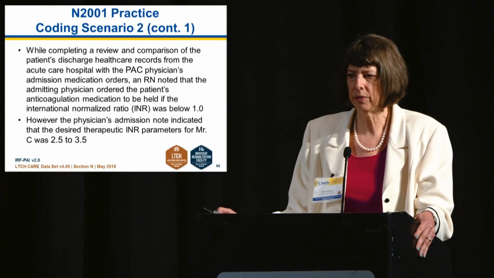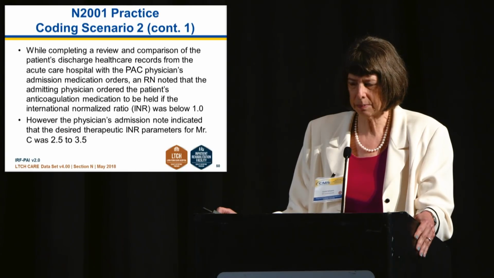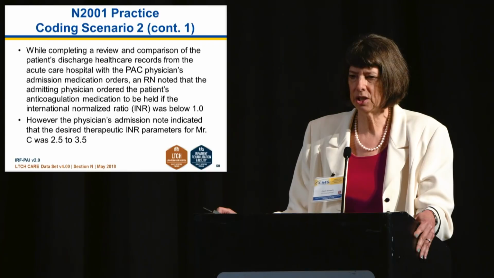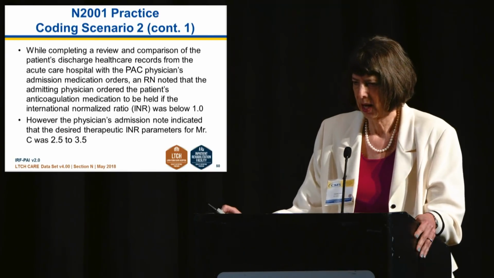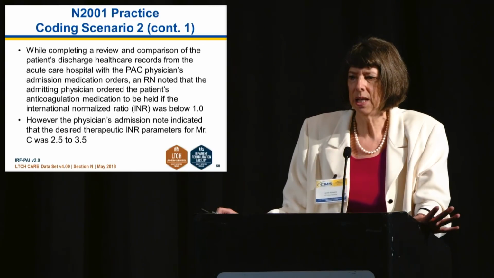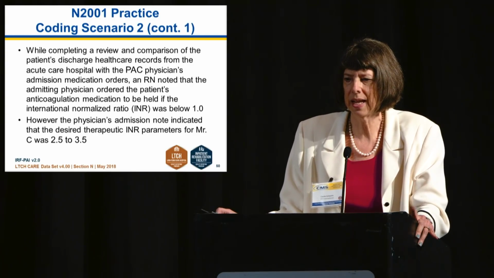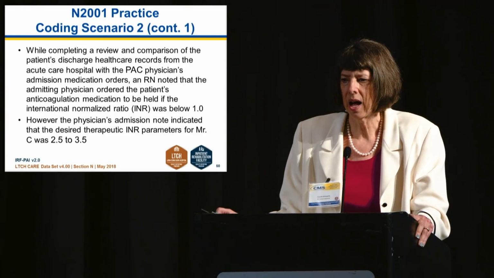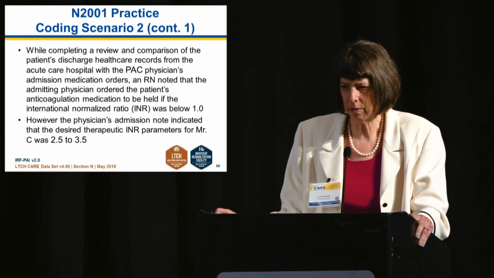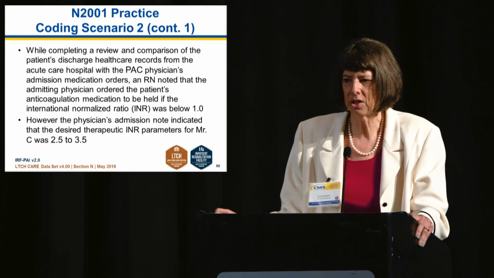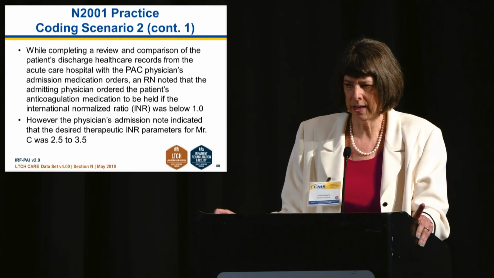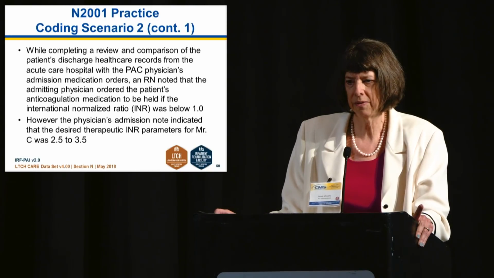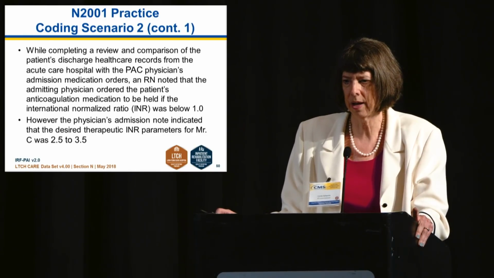While completing a review and comparison of the patient's discharge healthcare records from the acute care hospital with the PAC physician's admission medication orders, an RN noted that the admitting physician ordered the patient's anticoagulation medication to be held if the INR was below 1.0. However, the physician's admission note indicated that the desired therapeutic INR parameters for Mr. C were in fact 2.5 to 3.5.